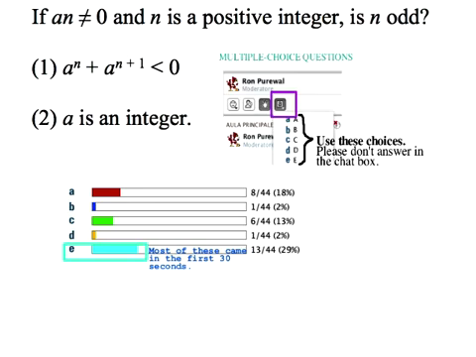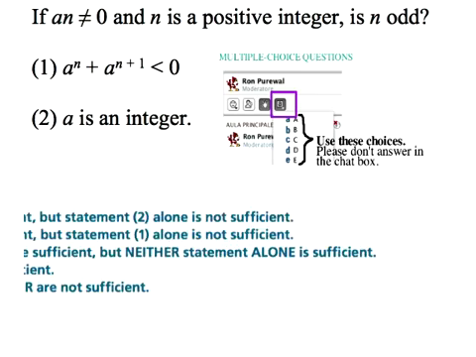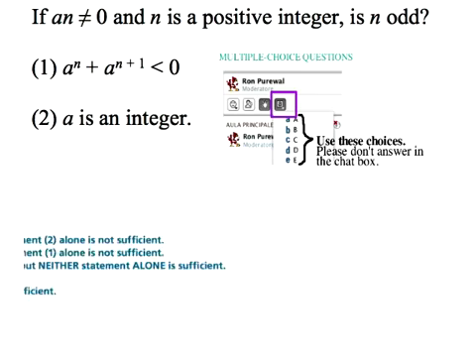When we say an answer choice is sufficient, what that means is that there's enough information to give a unique answer to the question. In other words, sufficient means that there's one answer and only one, and not sufficient means there's 2 or more. So that's what all these answer choices are about.